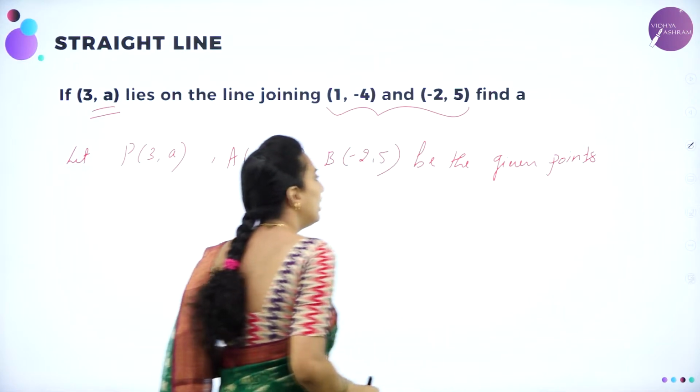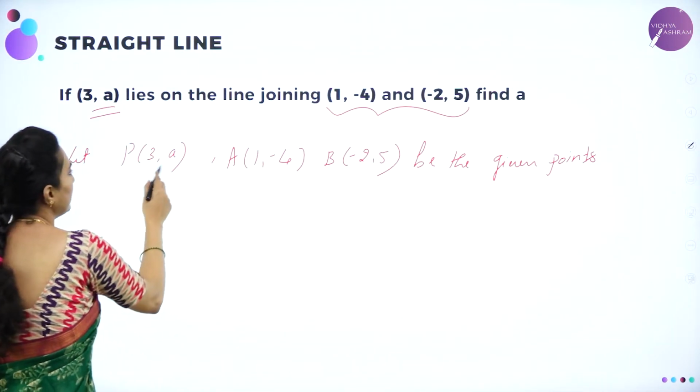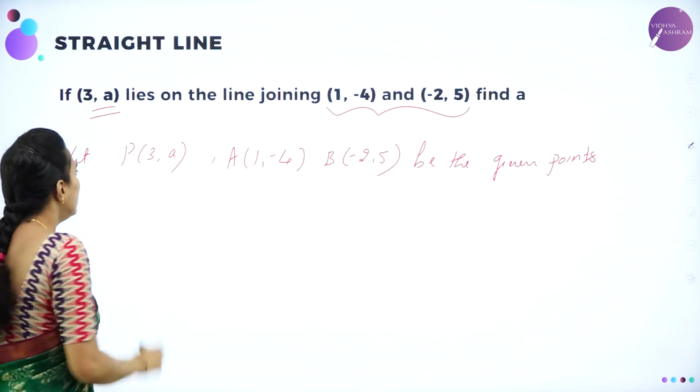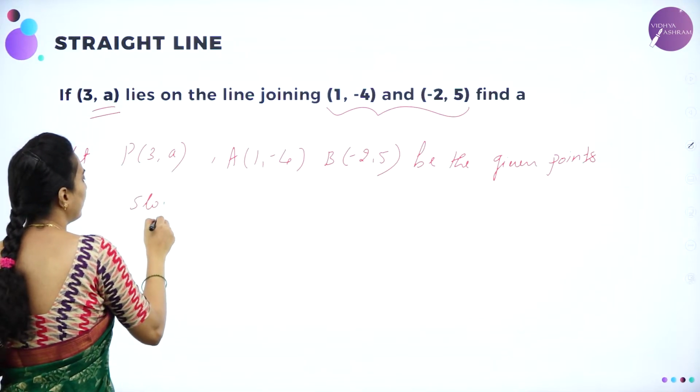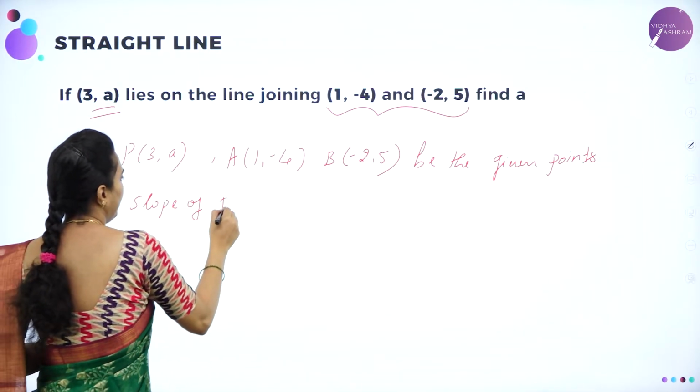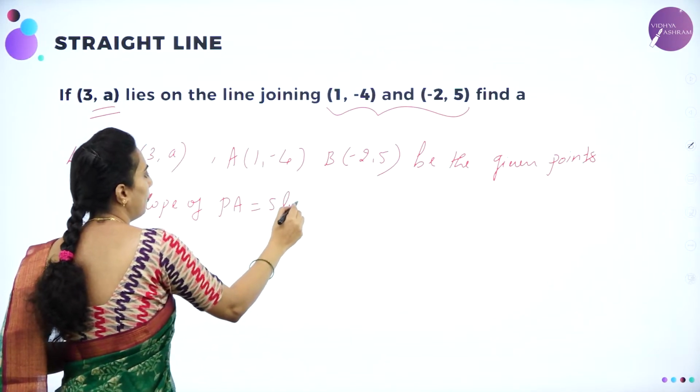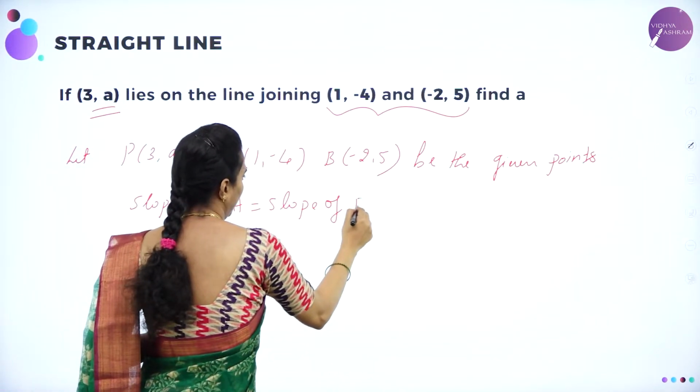If this point is lying on the line through these 2 points, then the slope of PA is equal to the slope of PB.